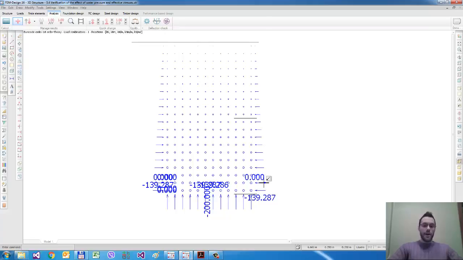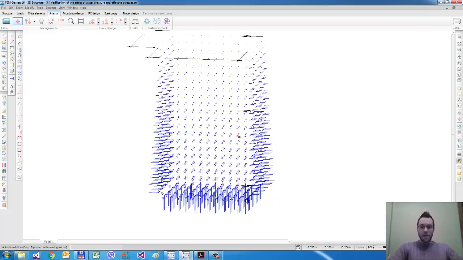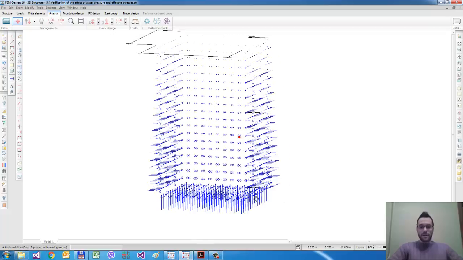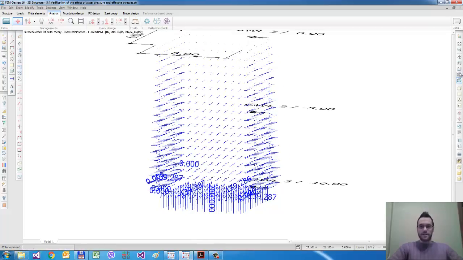Based on the effective lateral earth pressure and on the water level, we have the highest earth pressures and the sum of the lateral pressure on this side wall.